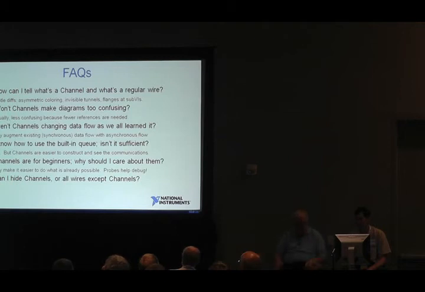Can I hide channels or all wires except channels? This, I think, is a piece of a much larger request. It would be nice if we had the ability to show our application at different levels of abstraction.